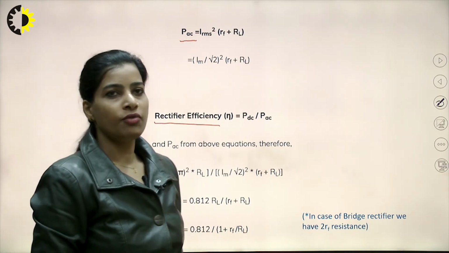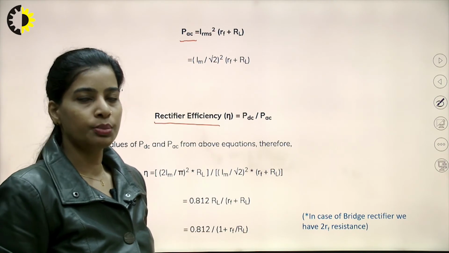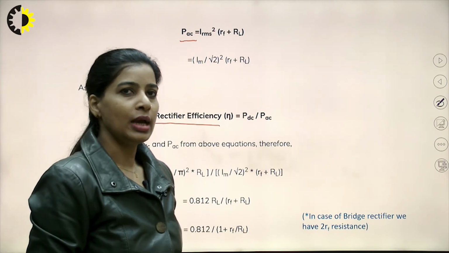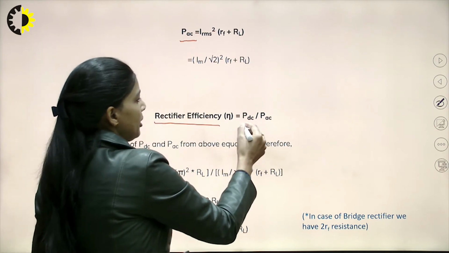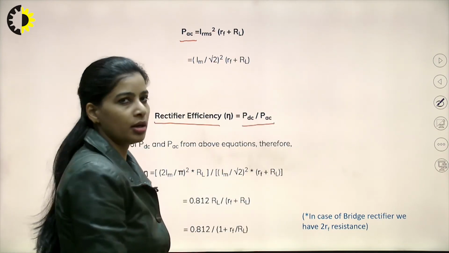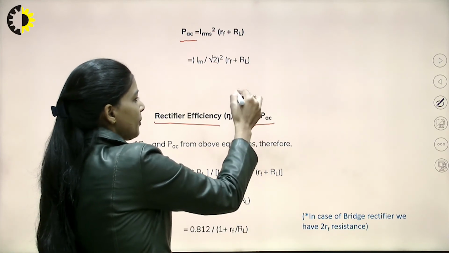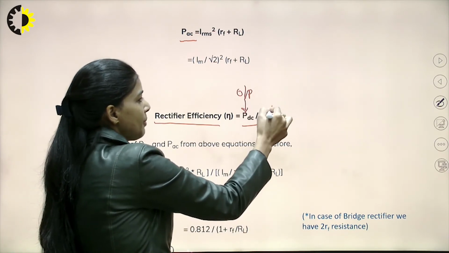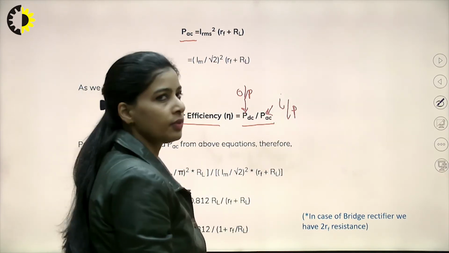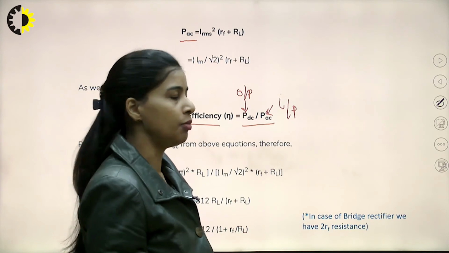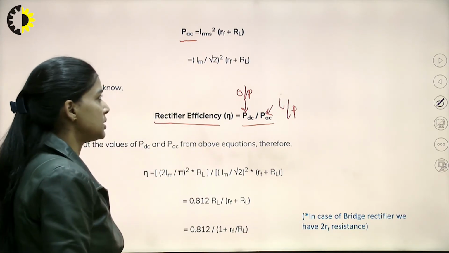So, rectifier efficiency, we know that it is the ratio of output to the input. We are calculating in terms of power, so I have written it as PDC over PAC. PDC is the output power and PAC is the input power. So, I have taken the ratio of output power to the input power, that will give the rectifier efficiency.